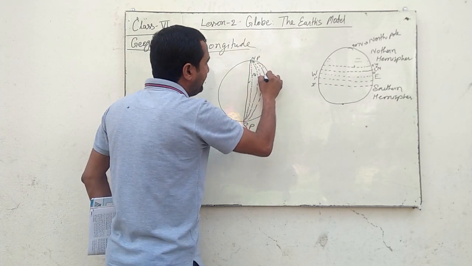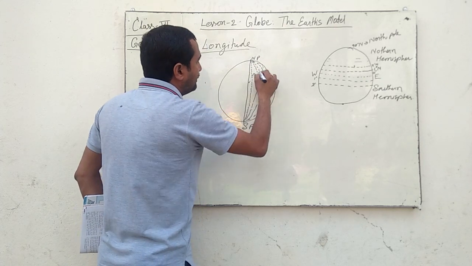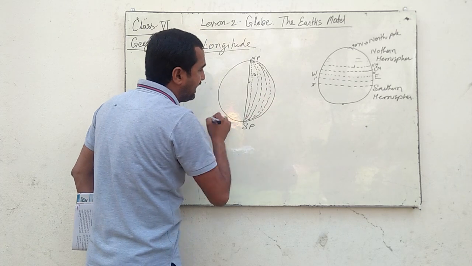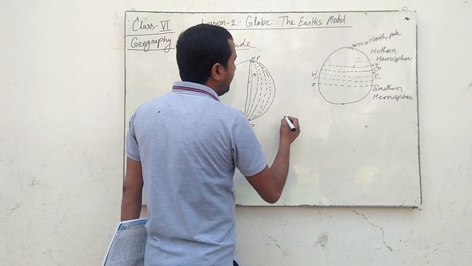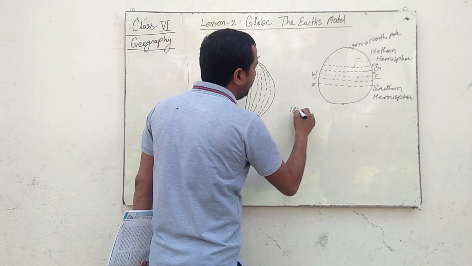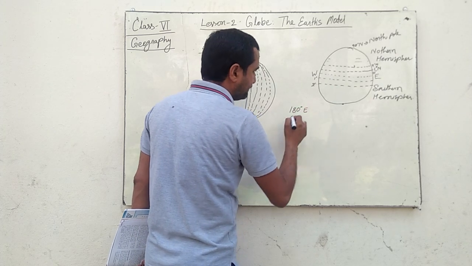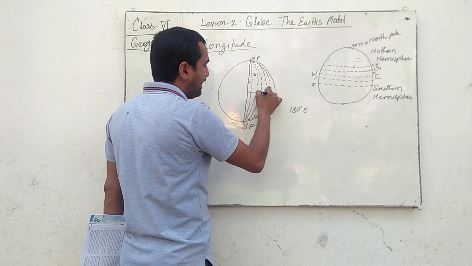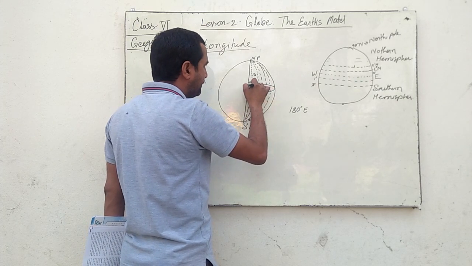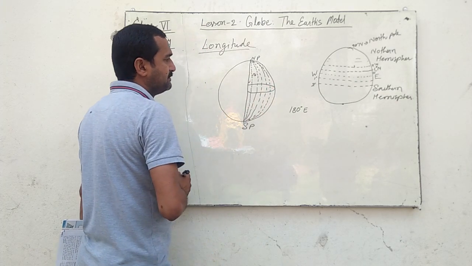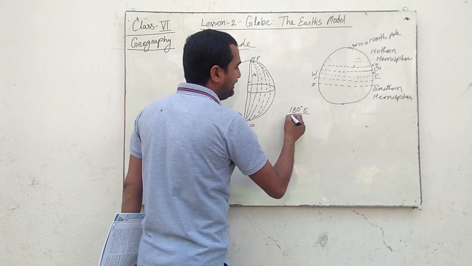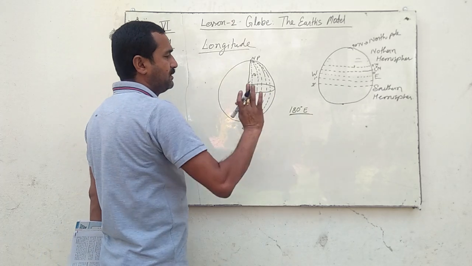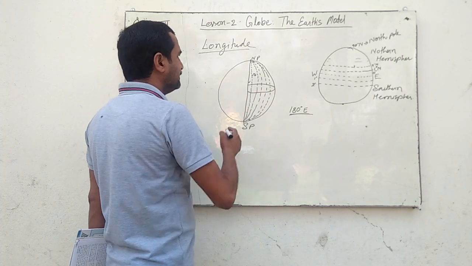In this way, if we go, total it will be 180 lines, and the last line will be 180 degree east. If we start from here and we move to the back part of this line, we will get 180 degree east meridian. Longitude is also called meridian.